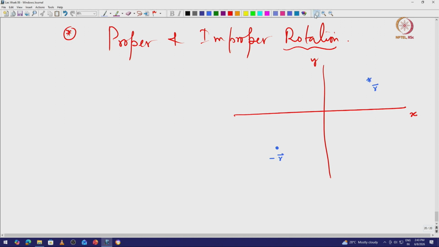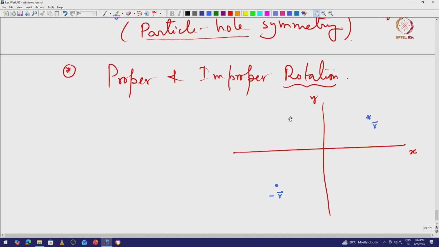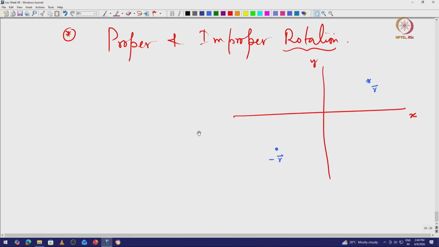So, there are 2 ways we can go from a state sitting at plus r to minus r. One is by making a rotation by 180 degrees, that is the C2 rotation, or I can just take all r, x, y and z coordinates and just flip the sign, that is the inversion symmetry.